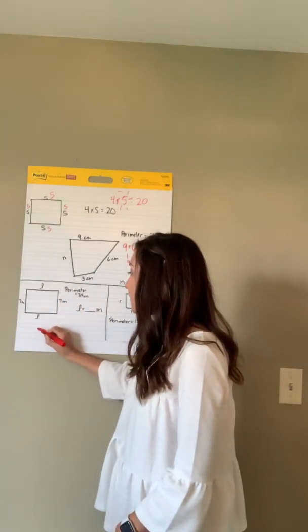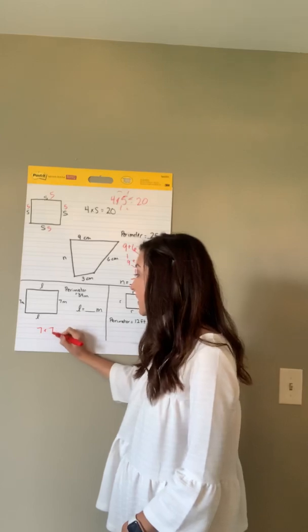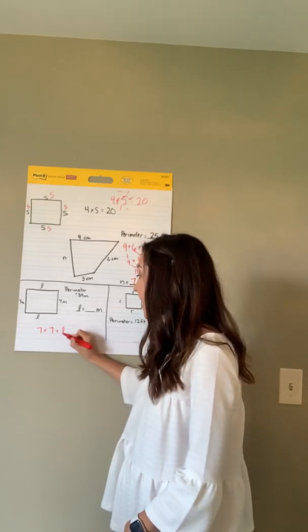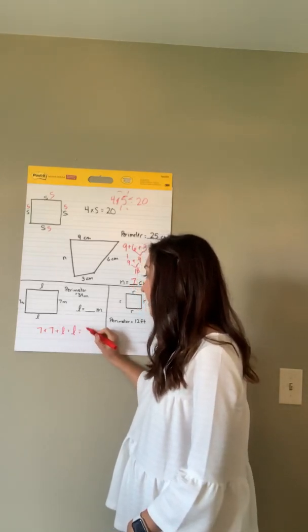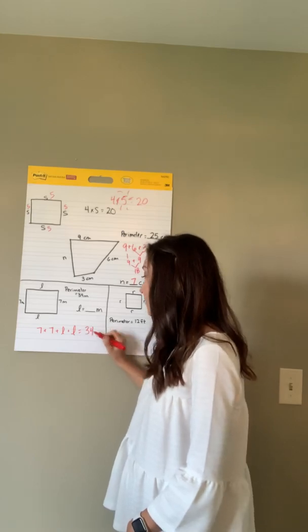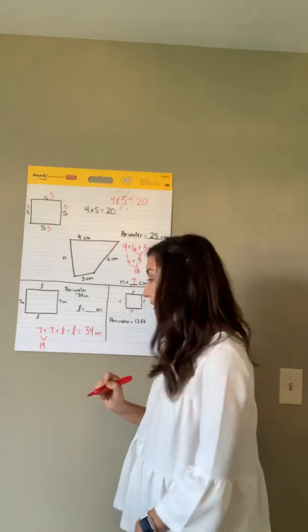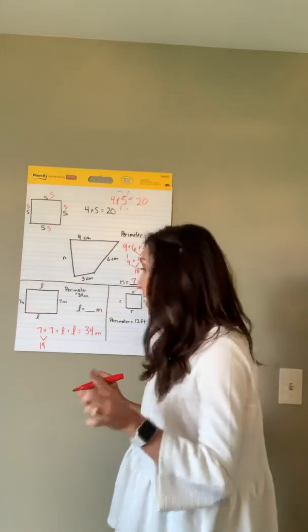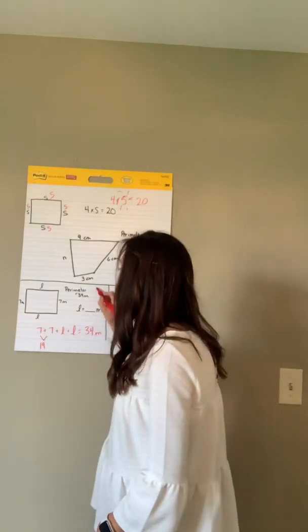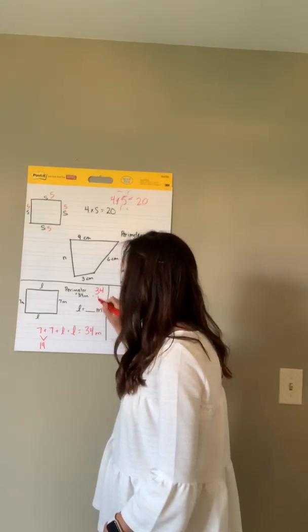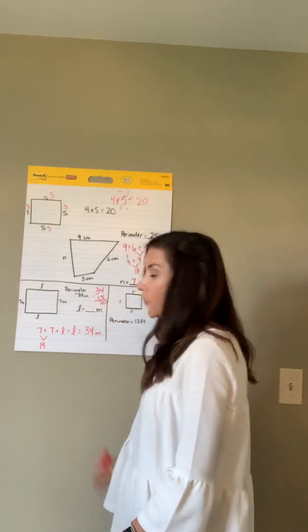So let's see. 7 plus 7 plus L equals 34 meters. Well, I know that 7 doubled is 14, okay? So I added. Now I have to subtract. So we have 34 minus 14 is 20.